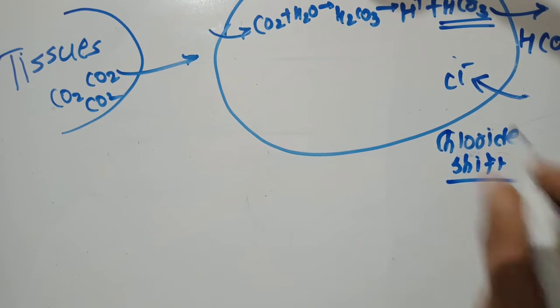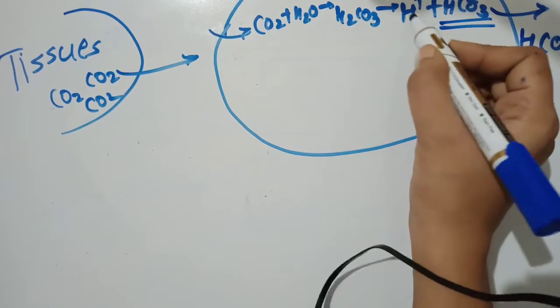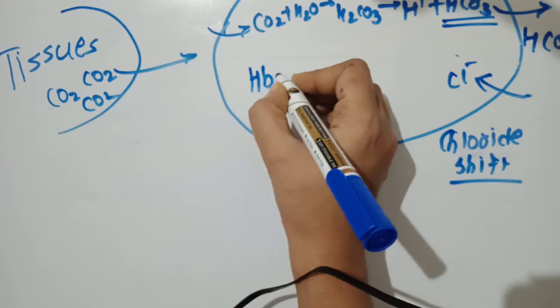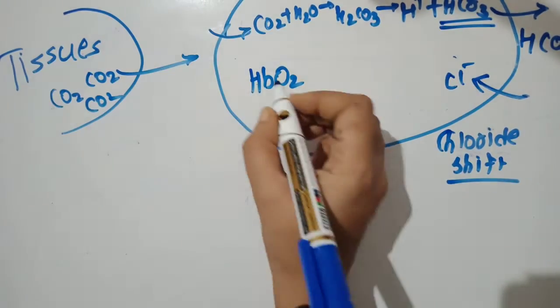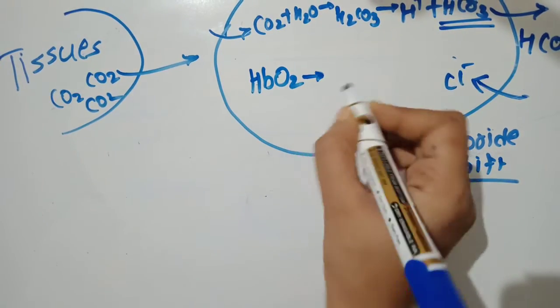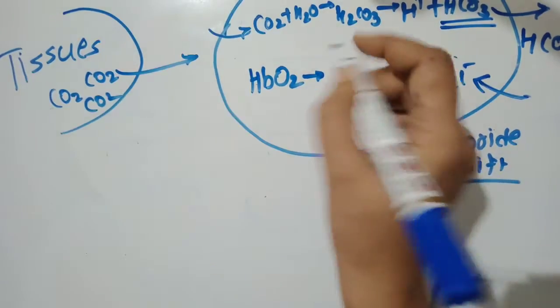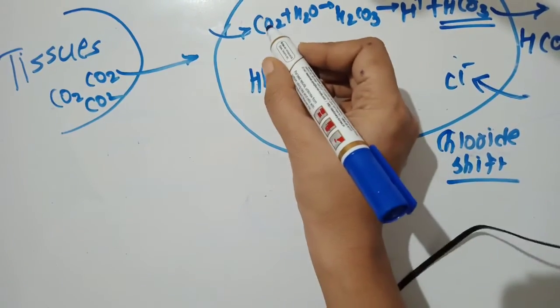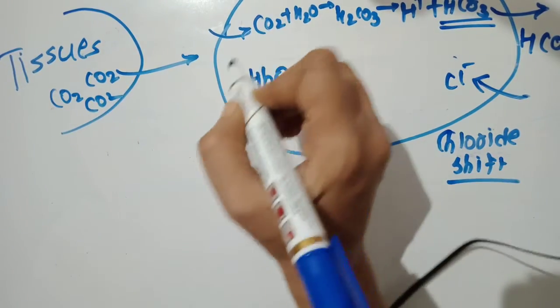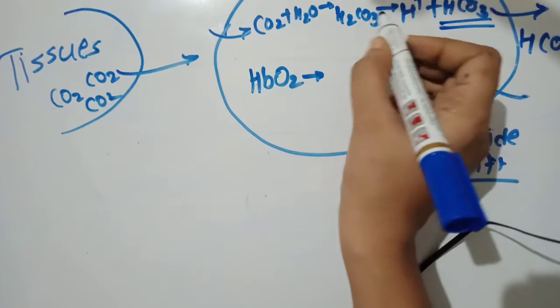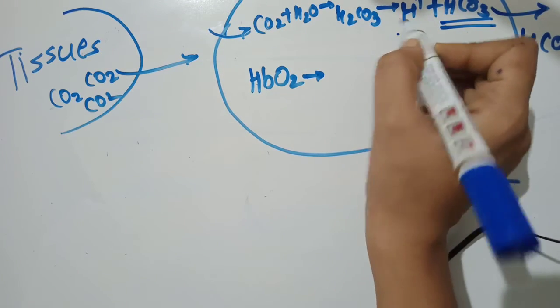Now the RBCs also contain hemoglobin, oxyhemoglobin. I have told you already about the Bohr effect: whenever there is a high partial pressure of carbon dioxide, there is a high concentration of hydrogen.